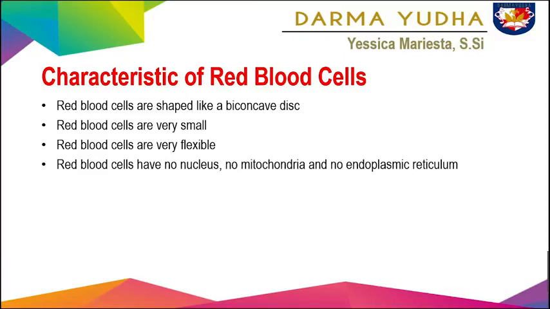Second, the red blood cells are very small. The diameter of the human red blood cell is about 7 micrometers, compared to the diameter of an average liver cell of 40 micrometers.